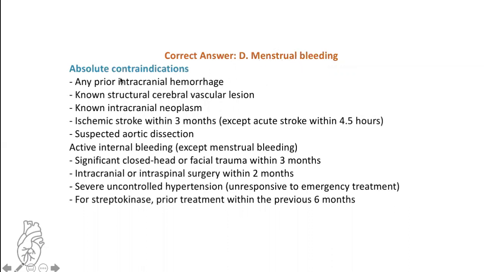These are the absolute contraindications for thrombolytics: any prior intracranial hemorrhage, known structural cerebral vascular lesion, intracranial neoplasm, ischemic stroke within 3 months except acute stroke within 4.5 hours, suspected aortic dissection, active internal bleeding except menstrual bleeding, significant closed head or facial trauma within 3 months, intracranial or intraspinal surgery within 2 months, severe uncontrolled hypertension unresponsive to emergency treatment.